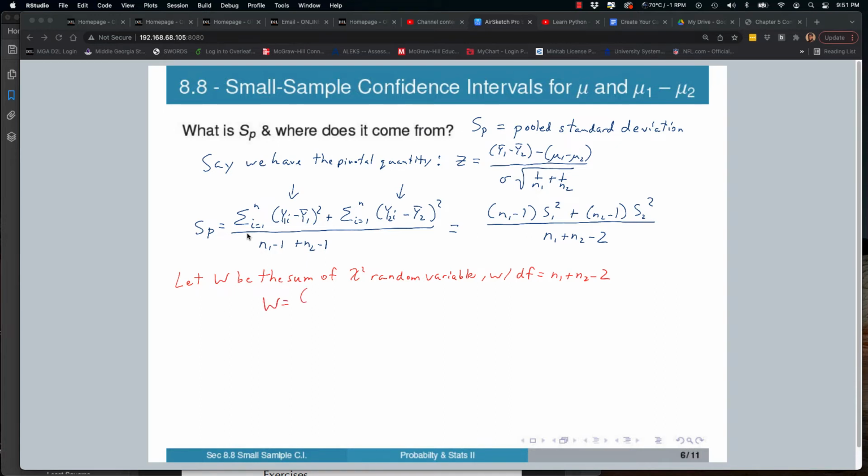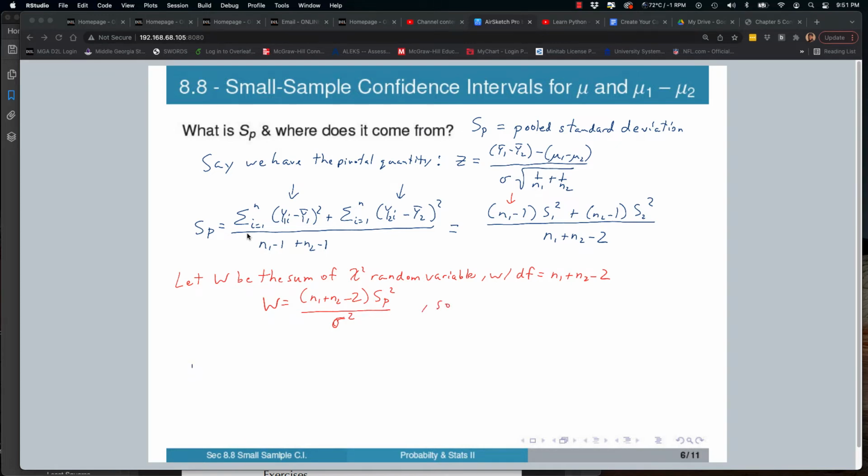The degrees of freedom, instead of just n minus 1 like we see here, will be n sub 1 plus n sub 2 minus 2 times the pooled standard deviation squared, or the variance of the pooled standard errors, divided by sigma squared. All right. Now it looks exactly like a chi-square random variable we saw back in chapter 7.